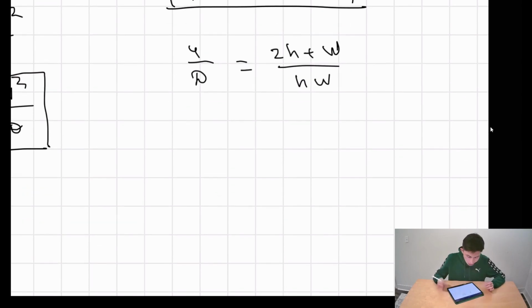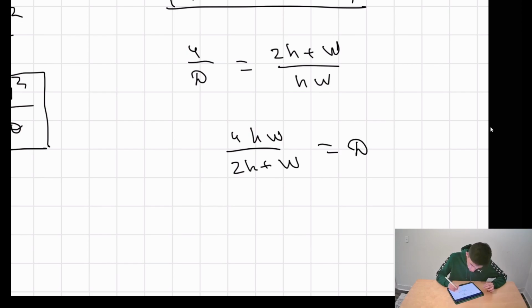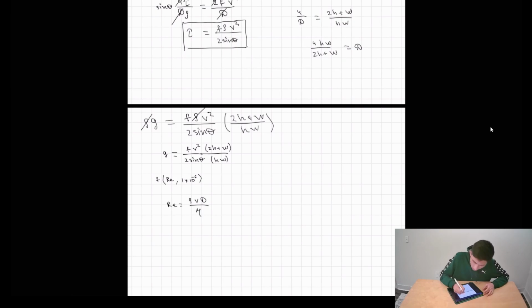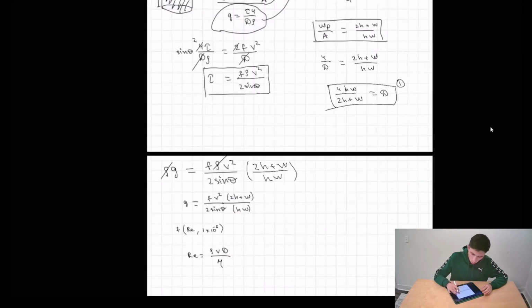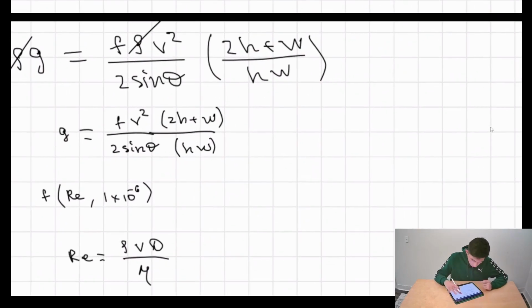So if we solve for diameter, it's going to be equal to 4hw over (2h plus w). That is the diameter we can use for our Reynolds number. So that's going to be the equation we're going to need.